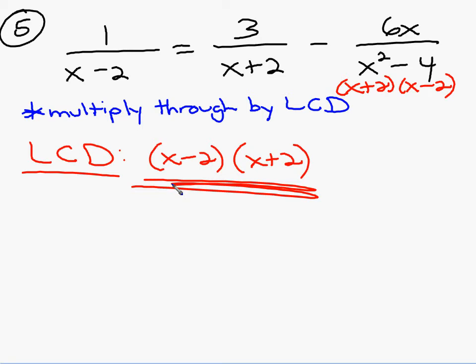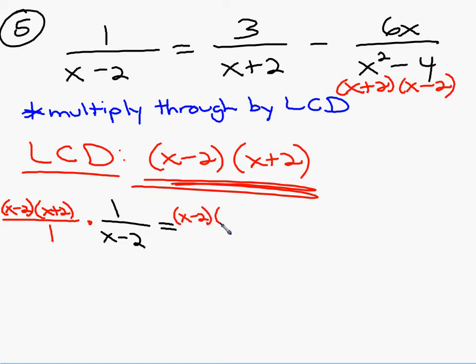So I'm going to multiply x minus 2 times x plus 2 over 1 times the first fraction, 1 over x minus 2. Equals sign. Then I'm going to multiply the next fraction by that.